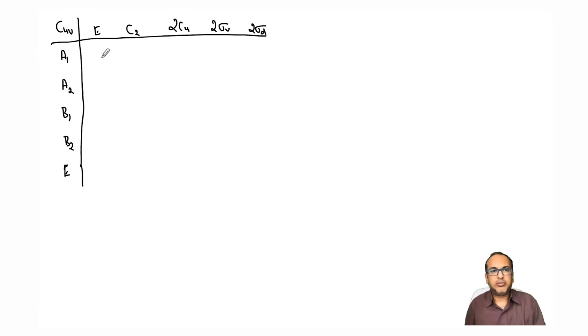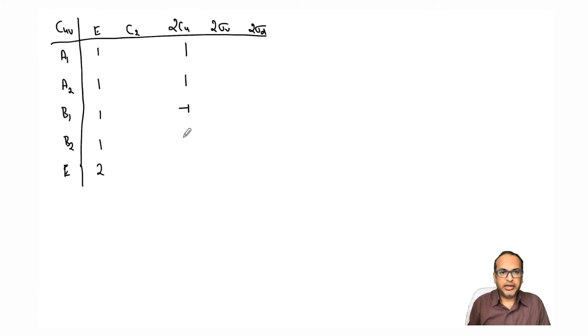Okay, let's also do some exercise of what information we can get from Mulliken symbols. So A1, that means this is one dimension, one dimension, one dimension, one dimension, and this should be two dimension. So we can write down the characters. Now, because this is 1 and 2, that means the principal axis here will be C4. So the character will be positive here, and negative here, right? And then this we can't tell.